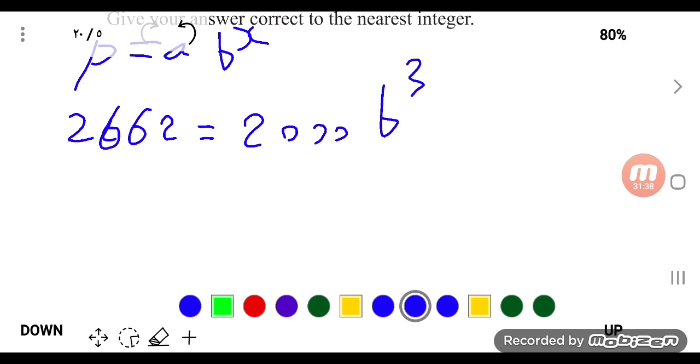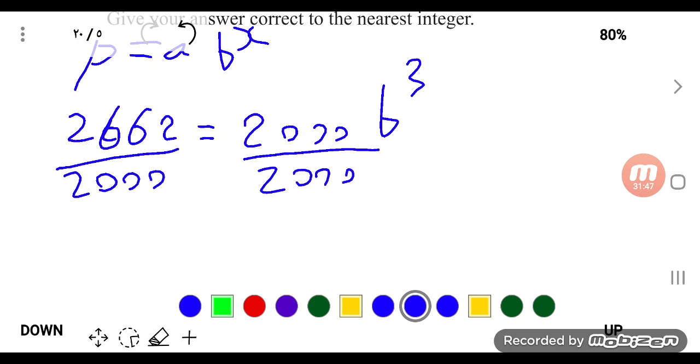Now we have to find B. So you divide both sides, here and here, by 2000. Cancel this and this.